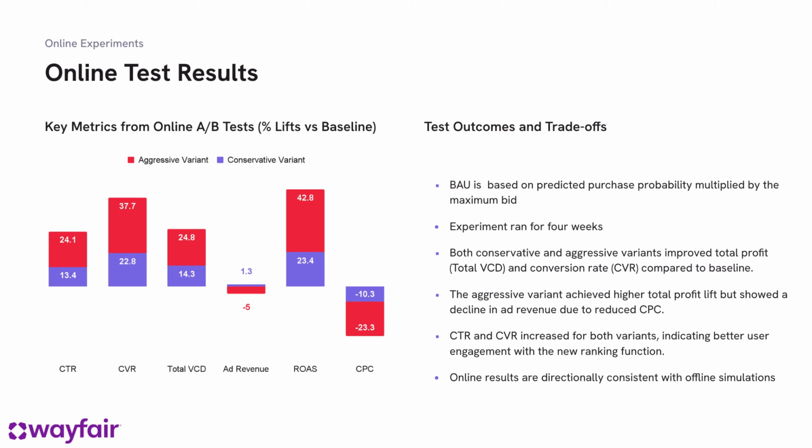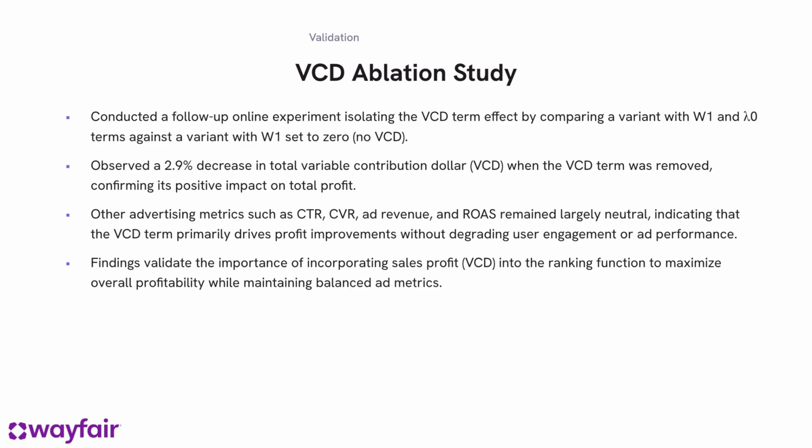We noticed that CTR and CVR increased for both variants, indicating better user engagement. We can see that online results are directionally consistent with offline simulations, showcasing the importance and robustness of offline simulations.